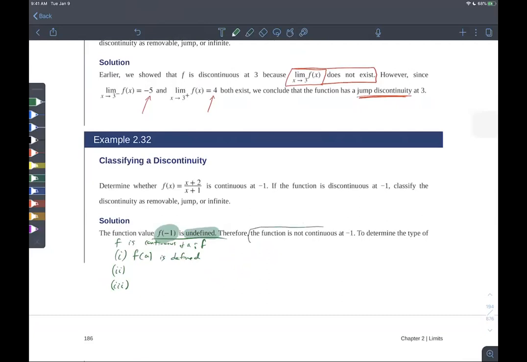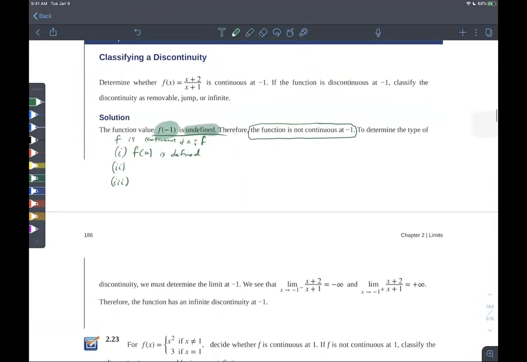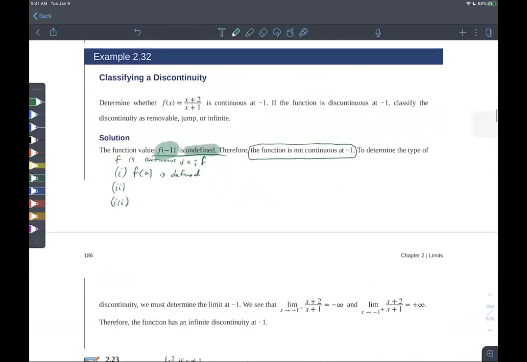So we know the function is not continuous. So we want to now classify the discontinuity. So continuing on here, to determine the type of discontinuity, we must determine the limit at -1. And we see that the limit as x approaches -1 from the left is -infinity.